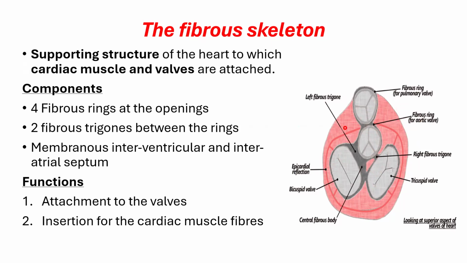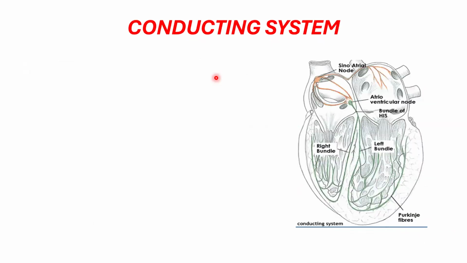Another point to appreciate is that you'll have 2 fibrous trigones between the openings. These are the fibrous trigones. The right one is here and the left one is here. The function of this fibrous skeleton is just to provide support. It's a layer of connective tissue that is fibrous in nature, and it's tensile. It's very strong.